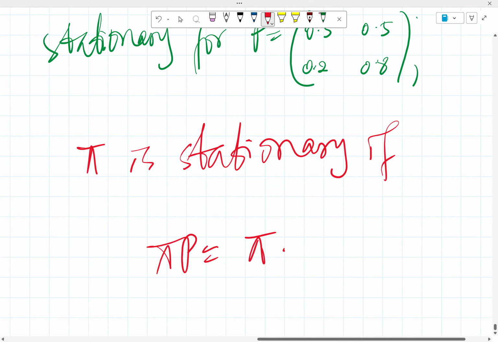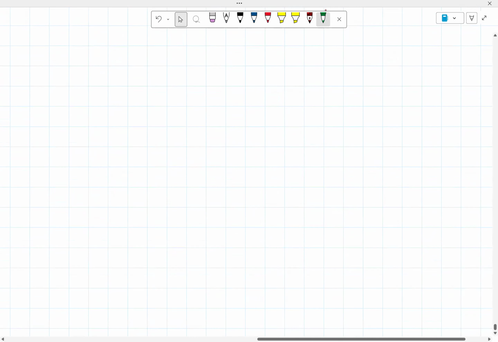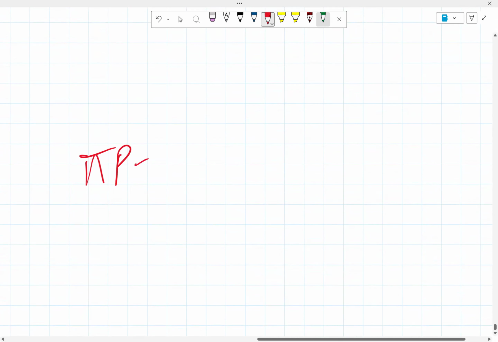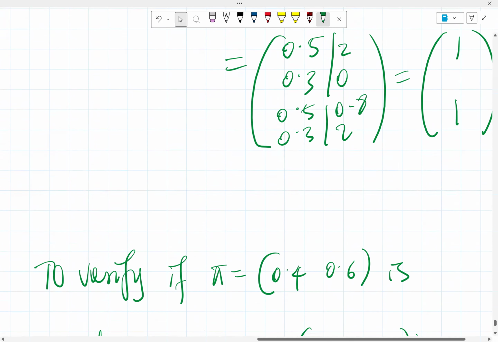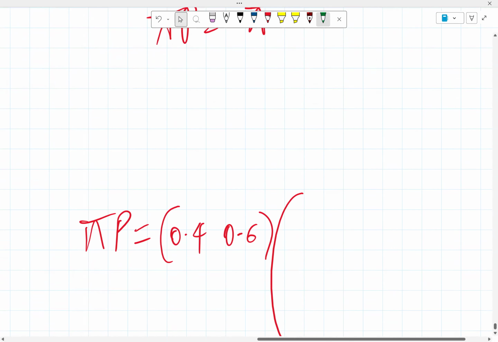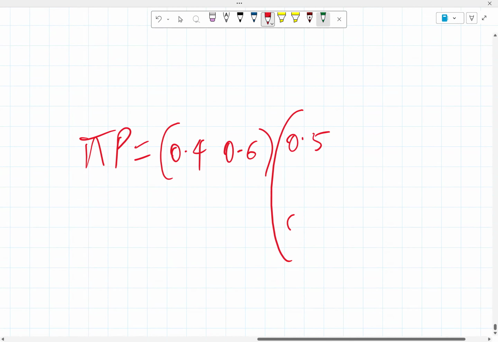So we go ahead and look for pi P. Pi P is equal to 0.4, 0.6 multiplied by P. Pi is 0.4, 0.6. The first column is 0.5, 0.2, and the second is 0.5, 0.8.